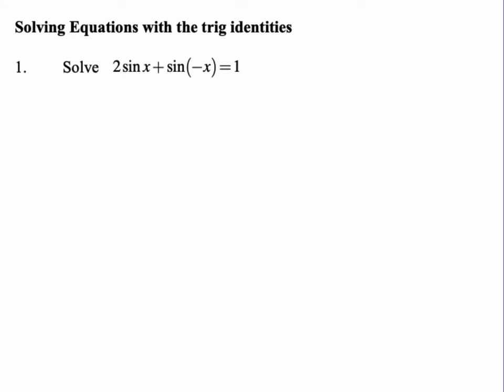Okay, let's solve a couple of equations. So this one here, remember sine negative x equals negative sine x. So you get that. So it's just sine x equals 1. And then you can look where sine equals 1.